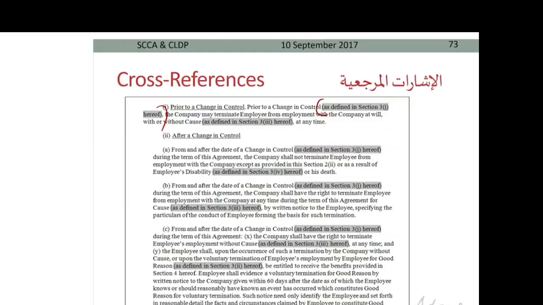But people don't read contracts like they're reading a story. Let's start at the top and work our way down. Instead, they jump around. So a single cross-reference parenthetical is, to use an English expression, a bit of a needle in a haystack.